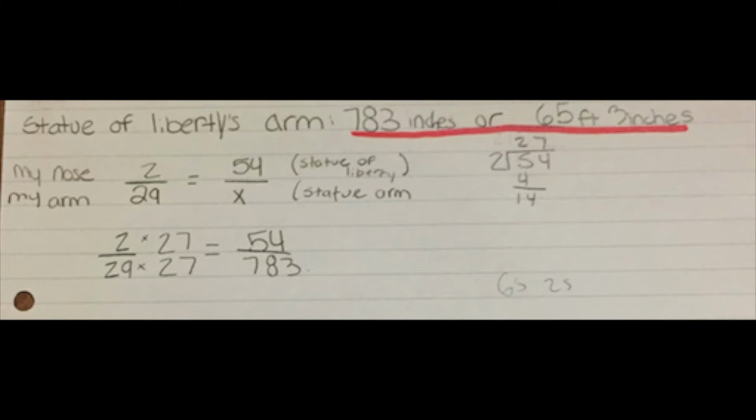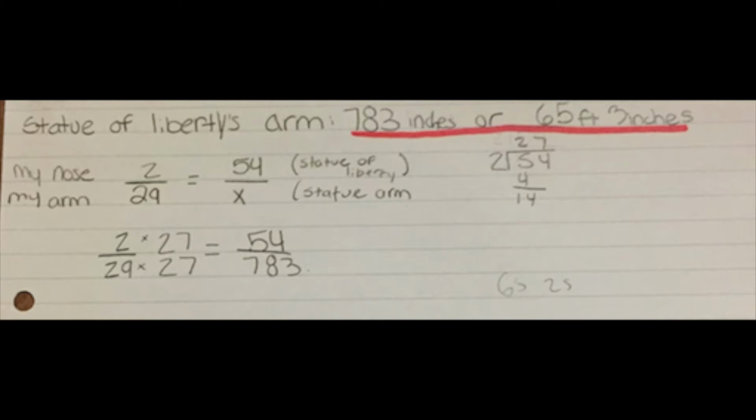So the first thing I wanted to find was the Statue of Liberty's arm. And how I did this was I put my nose over my arm, which was 2 over 29, and set that equal to 54 over x. The 54 represented the 54 inches that the Statue of Liberty's nose was, and x represented her arm.